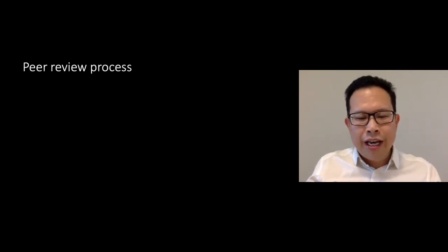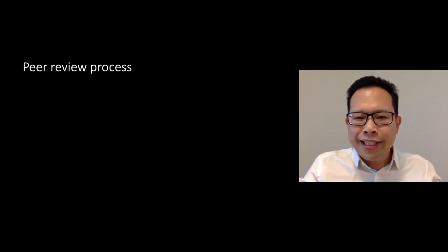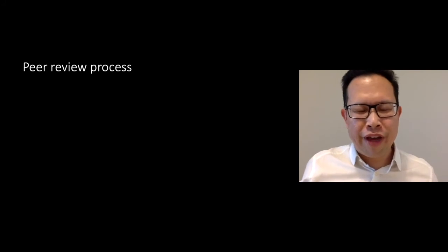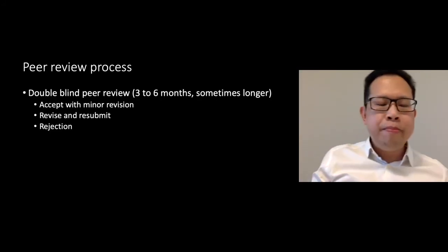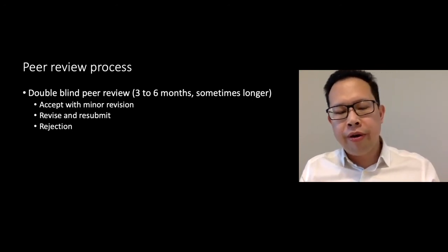So, the next stage. If your manuscript clears the first round, congratulations, it's up for peer review. So what happens next? Usually most journals use a double-blind peer review.